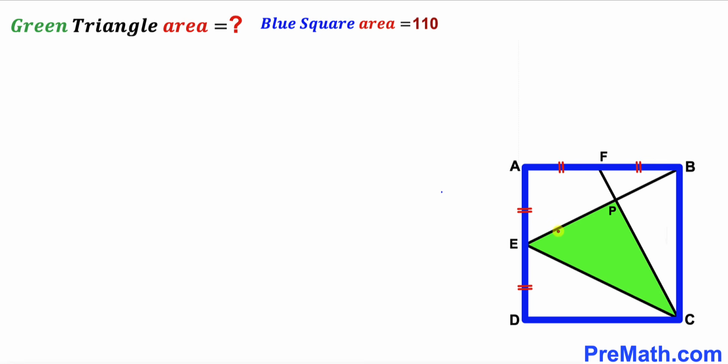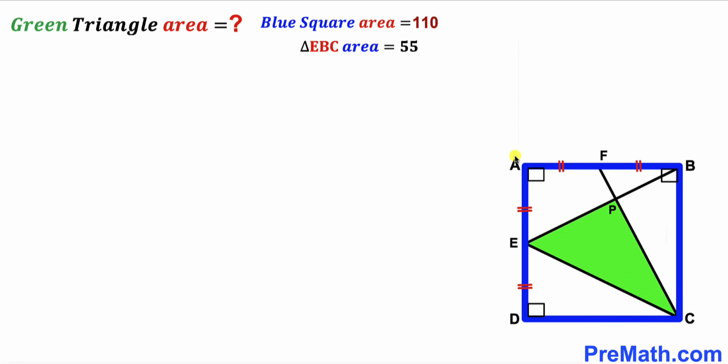So we conclude the area of triangle EBC has got to be half of this blue square area, which is 110. Half of 110 is 55 square units. So triangle EBC area is 55.